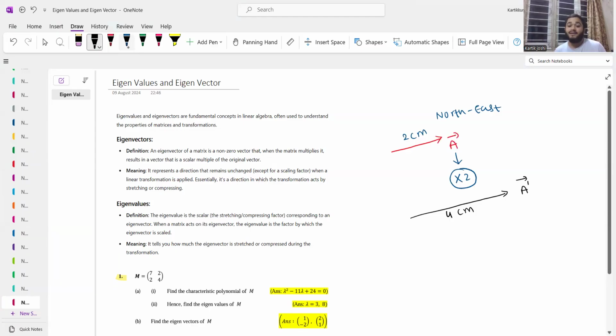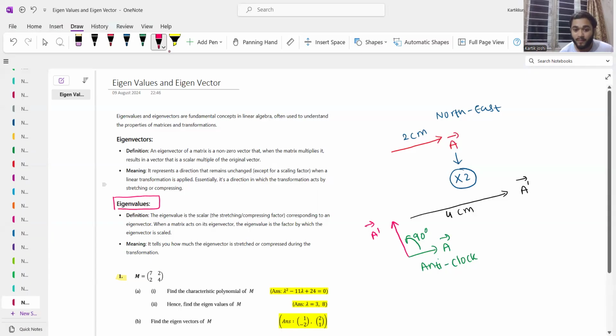So how can we understand that some vectors transform by stretching or compressing, and some vectors also rotate? For example, if the A vector is there and I rotate it 90 degrees anti-clockwise, then it becomes a different vector, the A dash vector. So when we transform the vector, I'm first explaining the eigenvalues.